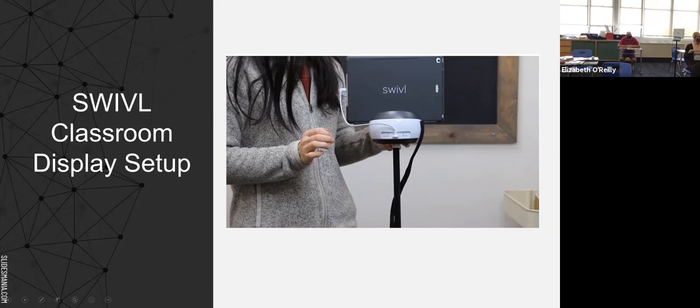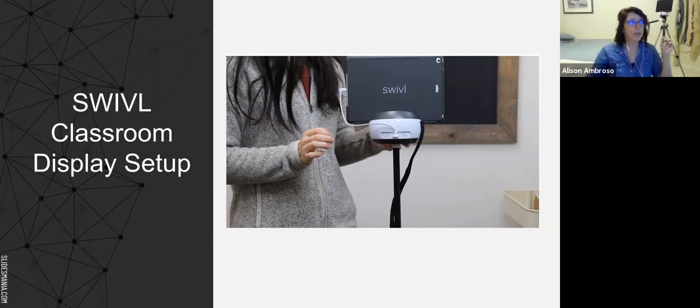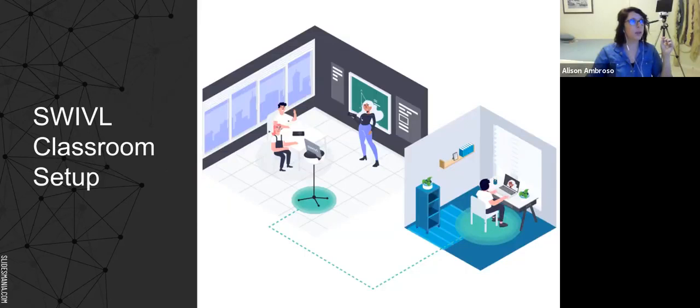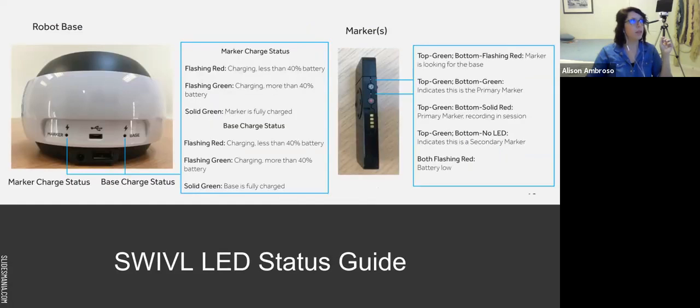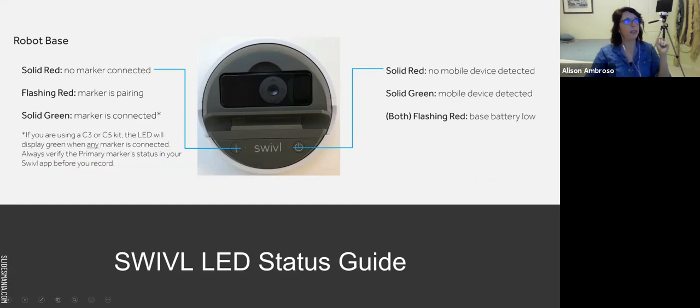Allison, could you remind me, the solid red near the power button, what does that mean again? On the robot, yes. So near the power button, that's gonna be that it's not detecting, oh no, that it's low battery.